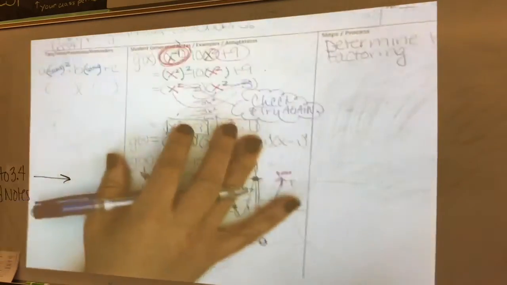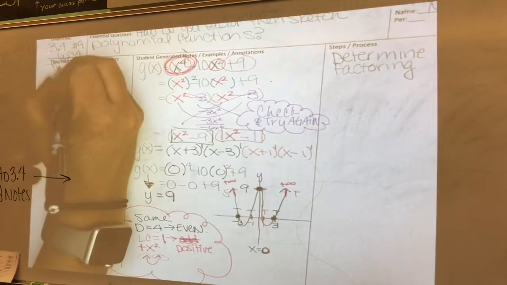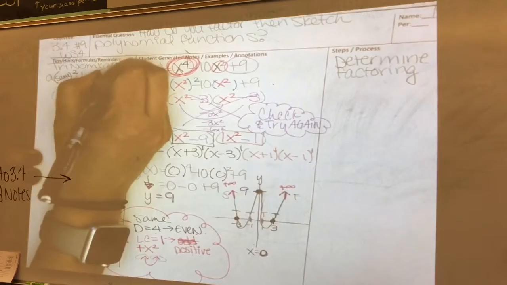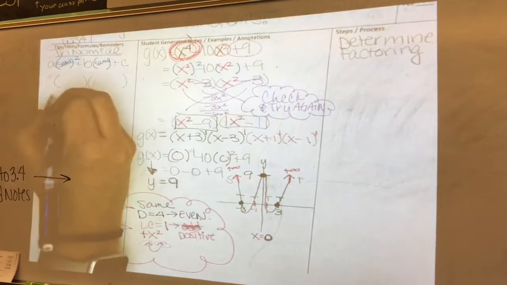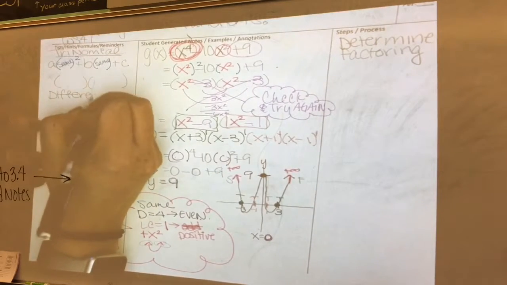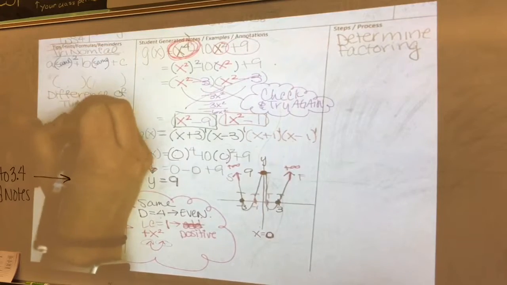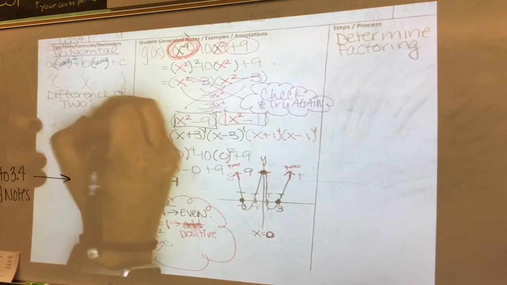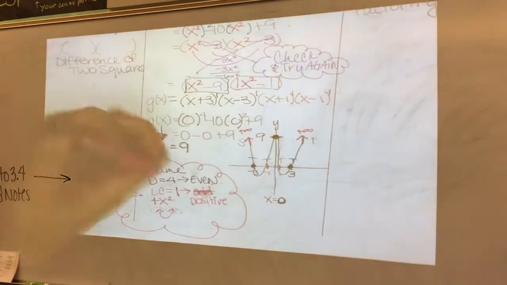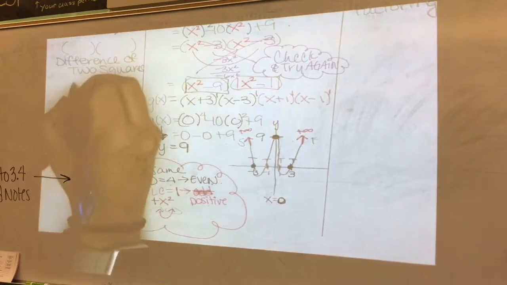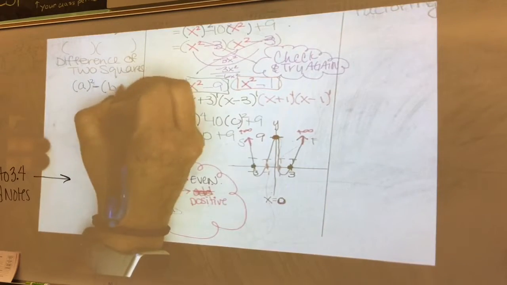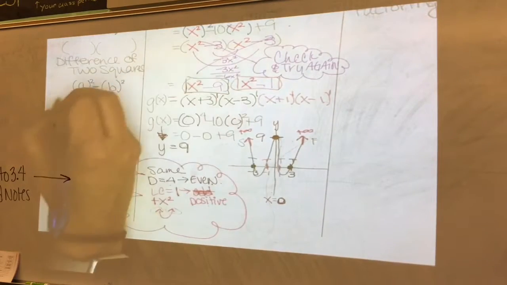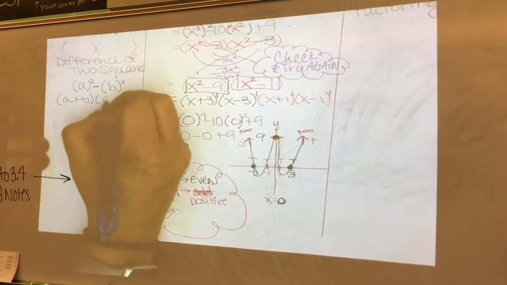Okay, and so over here I had trinomial factoring, so I want to write that down. I remember that there's other types of factoring though that are going to pop up, like difference of 2 squares. Okay, and so I remember that the difference of 2 squares thing was like something squared minus something squared, and then that ended up being a plus b, a minus b.